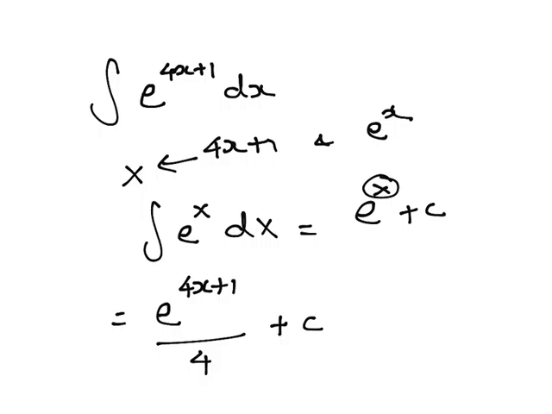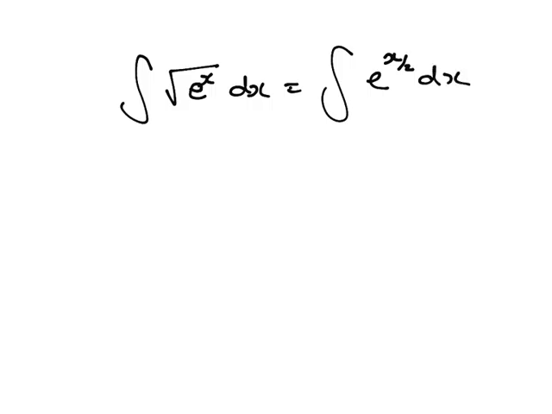So one final problem. With this we'll wind up. So let us consider the integral of square root of e power x dx, which is nothing but integral of e power x by 2 dx. Okay, now it's a combination of two functions. One function is x by 2, which is linear, and the other function is e power x.